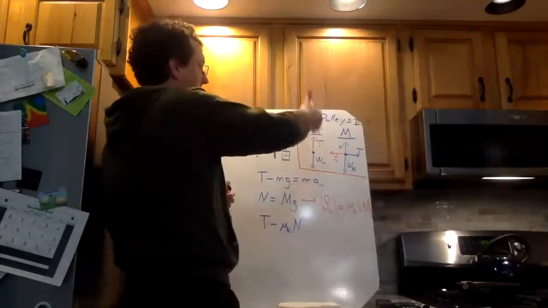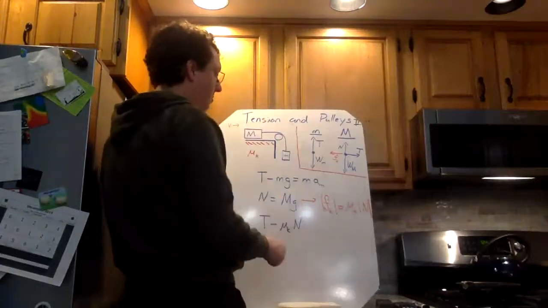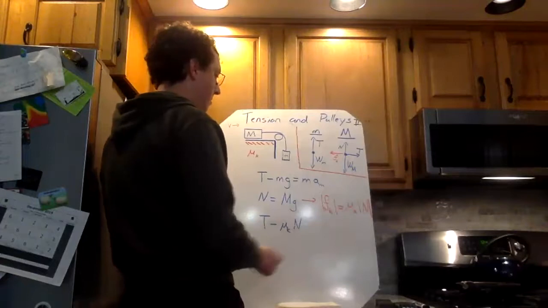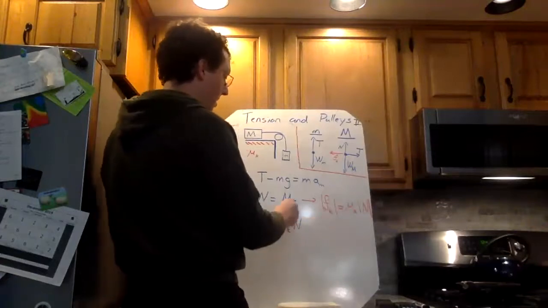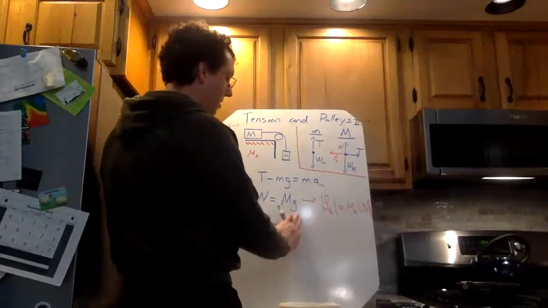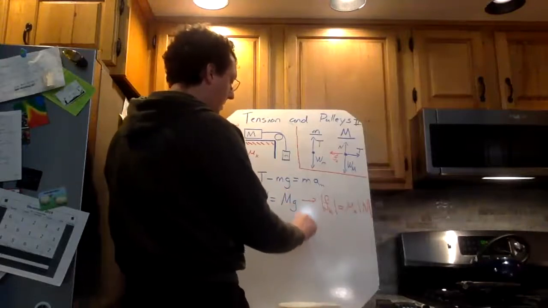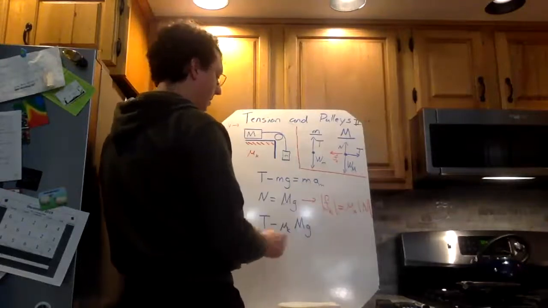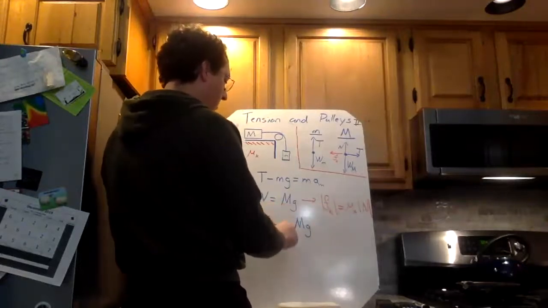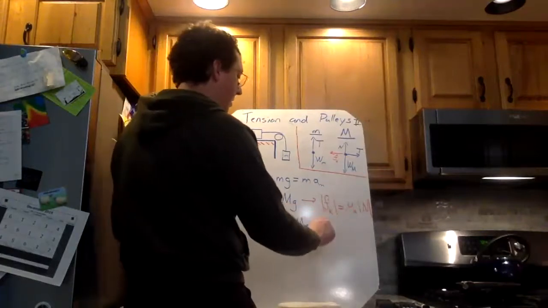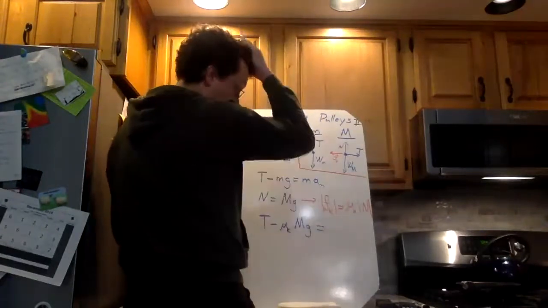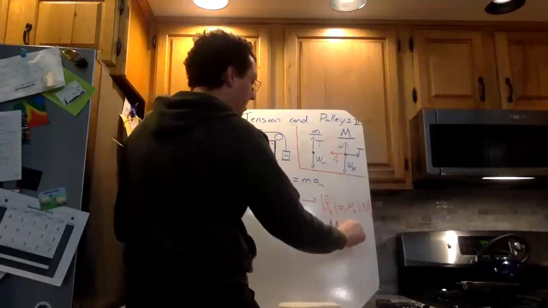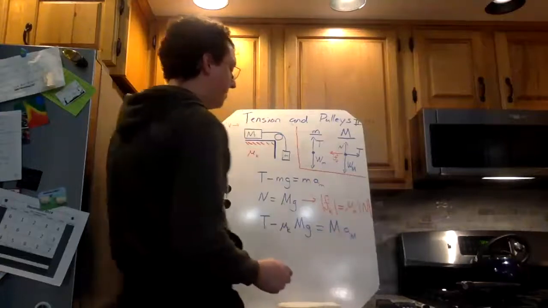The symbol N represents a positive force which goes up. And because N equals Mg, I can go ahead and write that as capital M times g, just substituting in. So tension minus mu sub k times M times g equals capital M times the acceleration of the large mass.